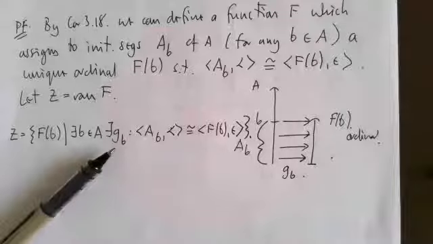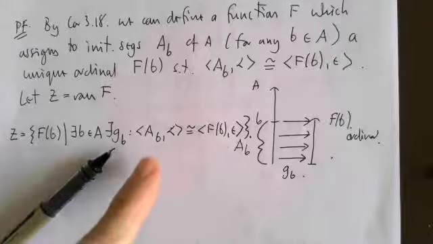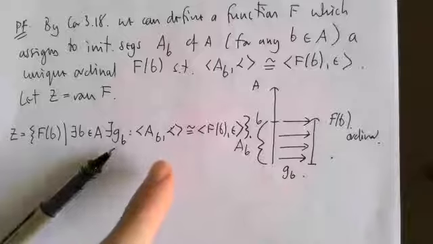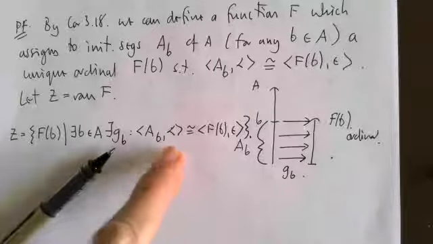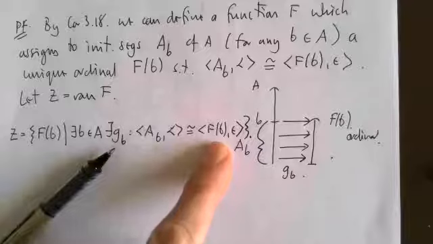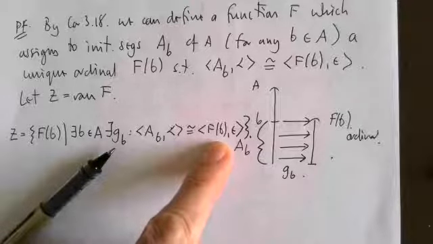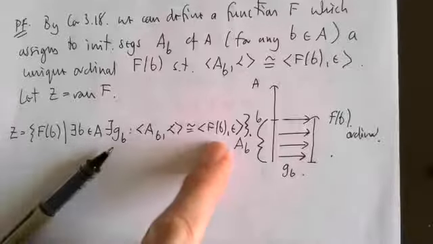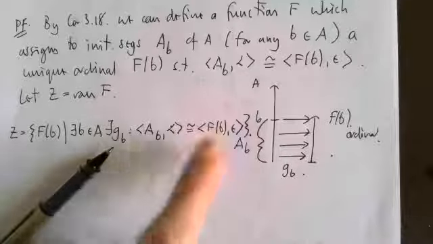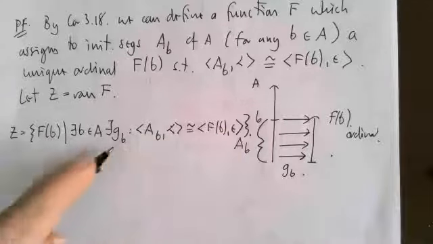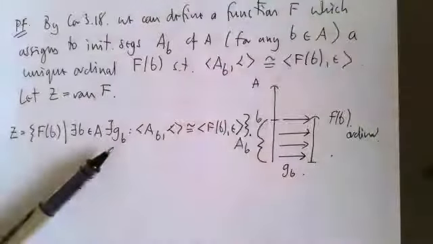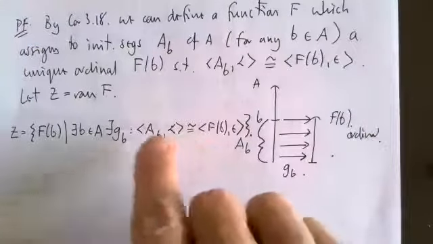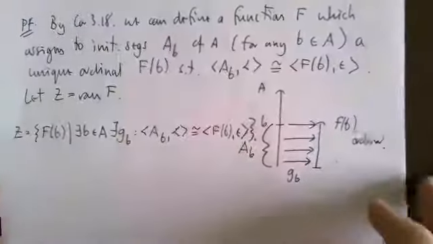because the previous corollary said, if this is isomorphic to an ordinal, it's unique. Let's call it f of B. But there's another lemma that says if I've got an isomorphism between a well ordering and another well ordering, then it's unique. So I'll call this unique isomorphism between here and here GB.